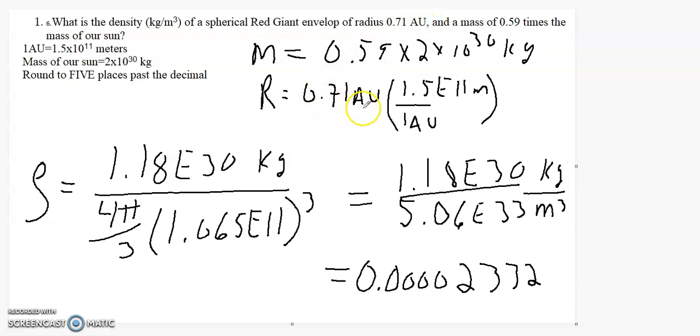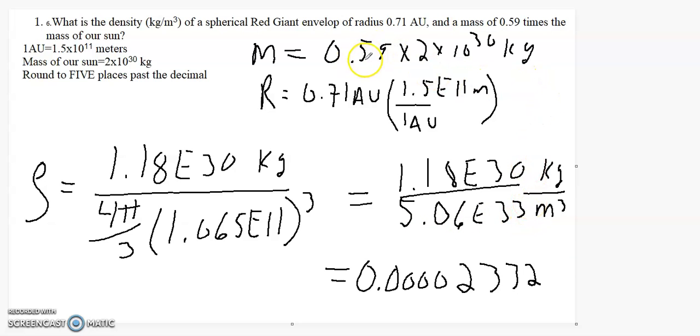So from that, you can change it into meters. 0.71 times 1.5 times 10 to the 11th, I'm just using E11 here, becomes 1.065 E11. You've got to cube that and then multiply it by 4 pi divided by 3. So that's the answer in the denominator, approximately 5.06 times 10 to the 33rd.